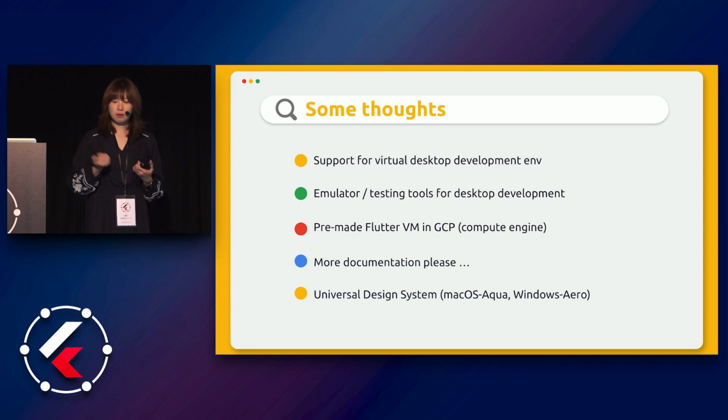So after trying out building applications on desktop myself, there are some things I'm thinking that could be supported for developers. The major difference of using desktop with Flutter is the machines. Because if I use Flutter for mobile or for web, I just need one computer, a macOS machine. Then I can build for Android, for iOS, and for any browsers I want to support.